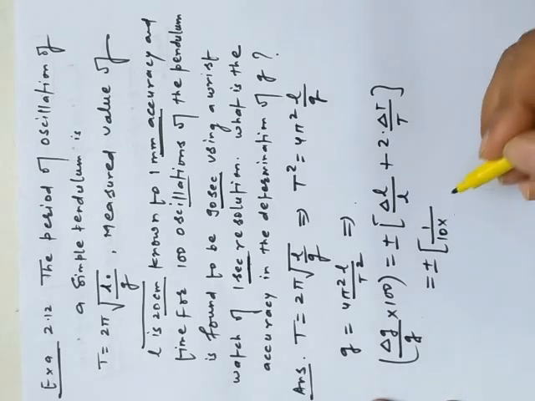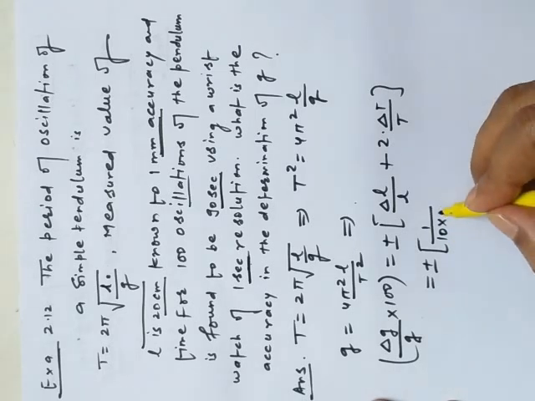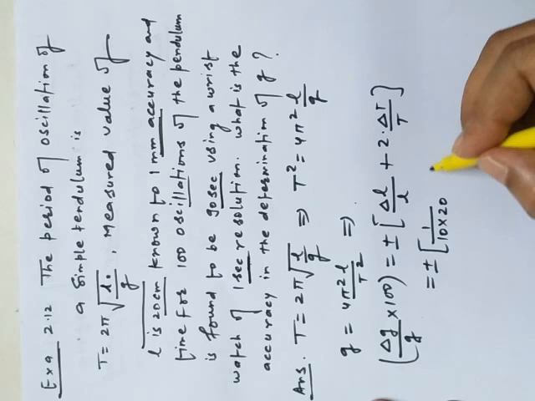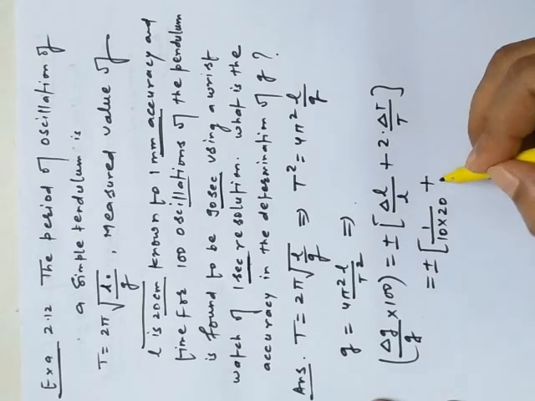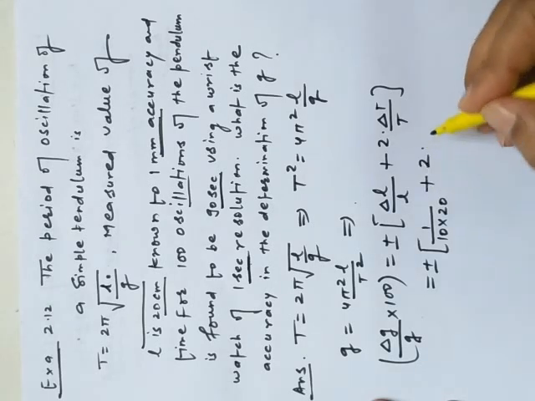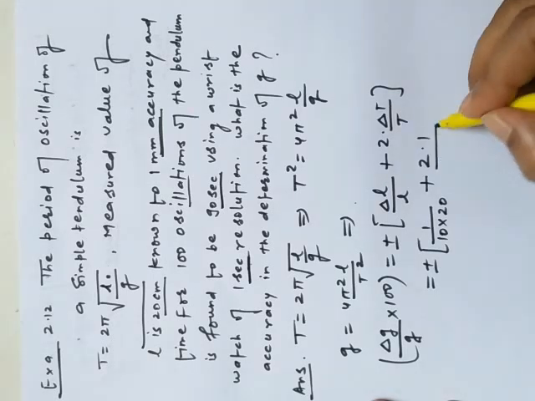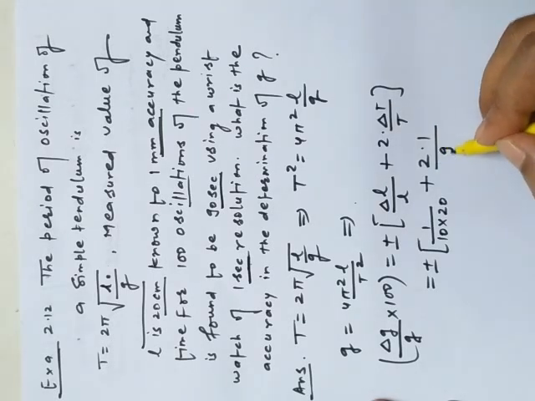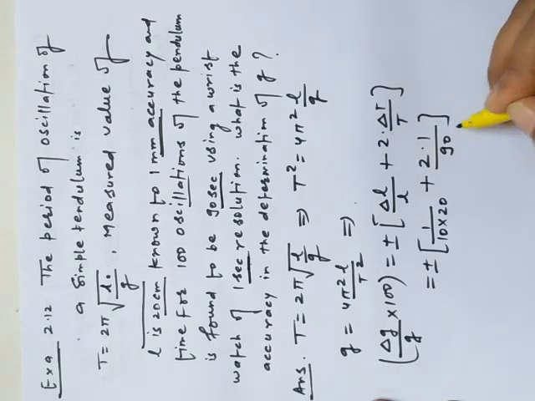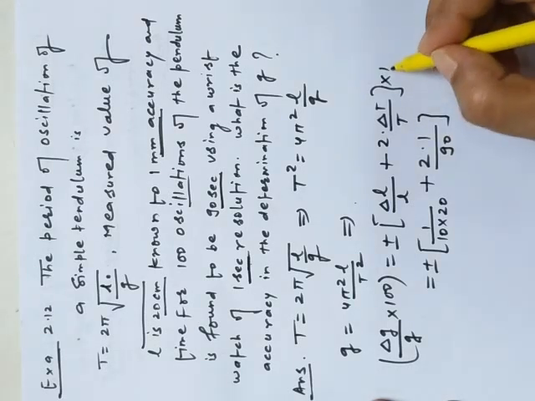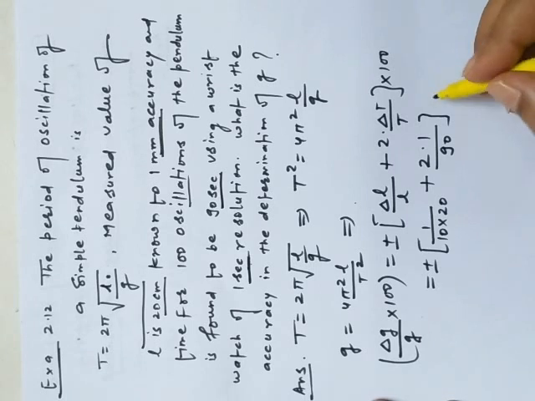L can be written as 20. Now 2 is there, and delta T is 1 second, with the actual time being 90 seconds. And we have to multiply this formula on the right hand side by 100, so I am multiplying it by 100.